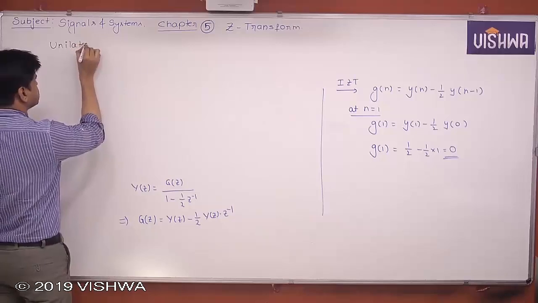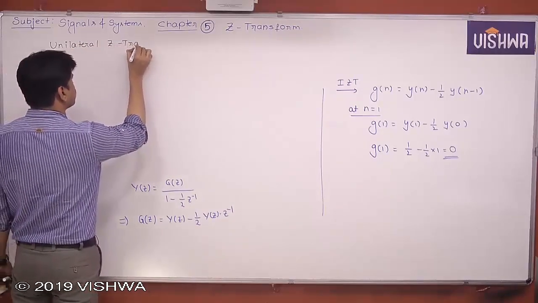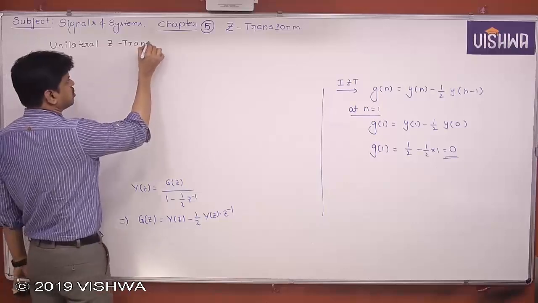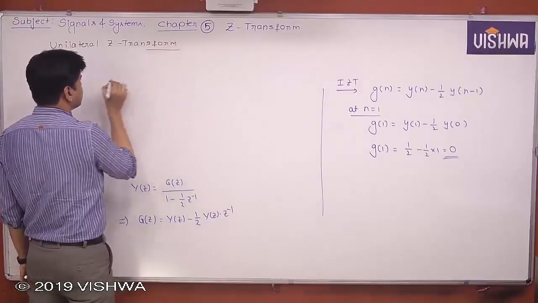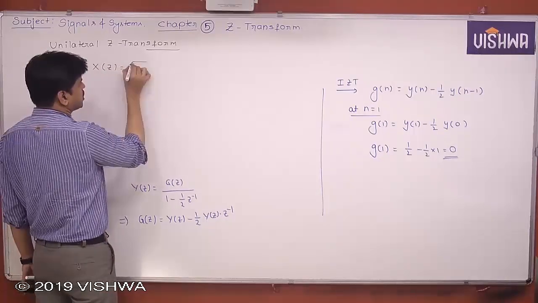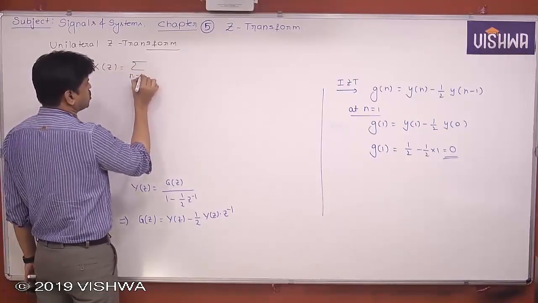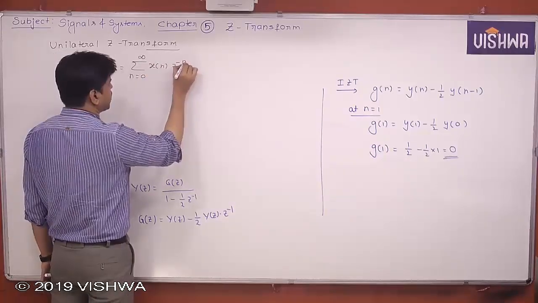Unilateral Z-transform. Till now we have seen bilateral. So what is unilateral Z-transform? X of Z is equal to summation n is equal to 0 to infinity x of n z power minus n.